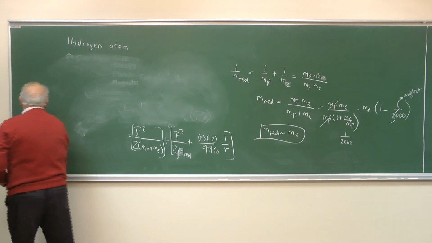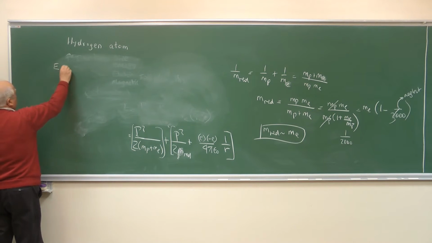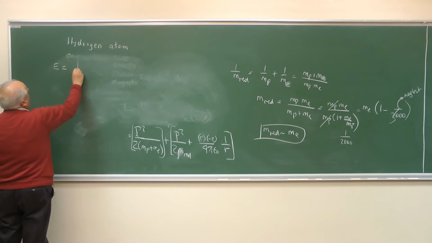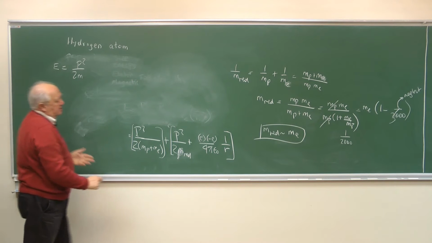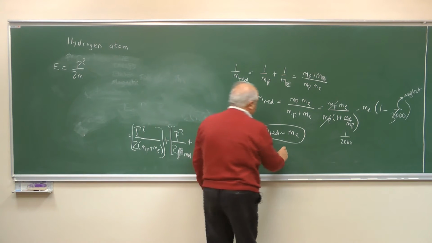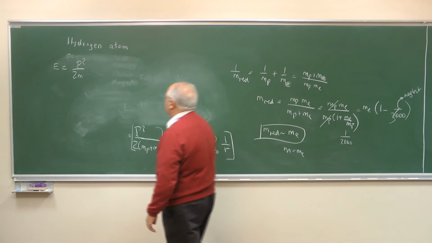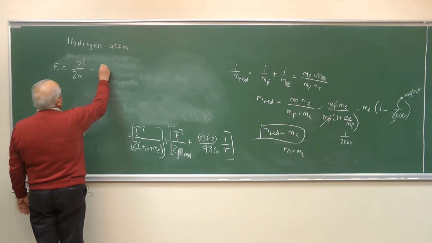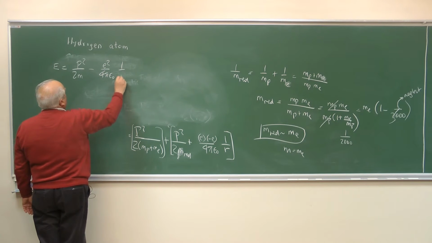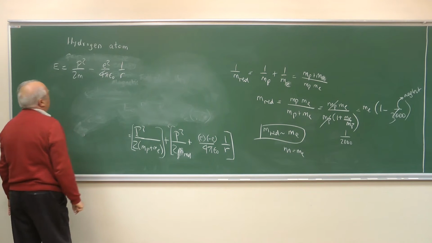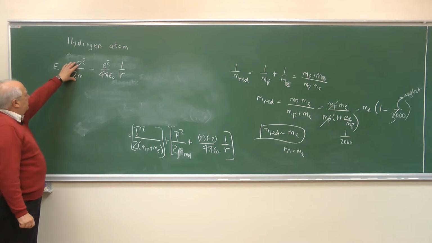So let me write the energy equation. That's P squared over 2m, where m stands for the m electron, basically, minus e squared over 4 pi epsilon 0 times 1 over r. So this is the energy of the hydrogen atom. That's the kinetic energy and the potential energy.